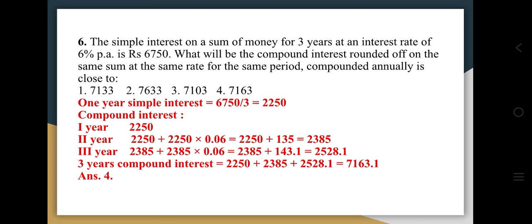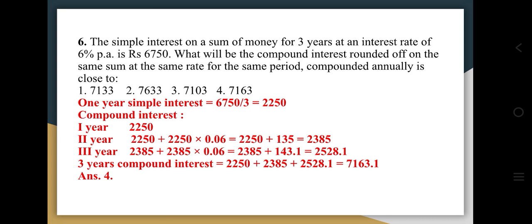Third year compound interest is second year compound interest plus interest for the second year compound interest. So the second year compound interest is 2,385. So the third year compound interest is 2,385 plus interest for 2,385 at 6% rate, that is 2,385 into 6 by 100, that is 2,385 into 0.06.